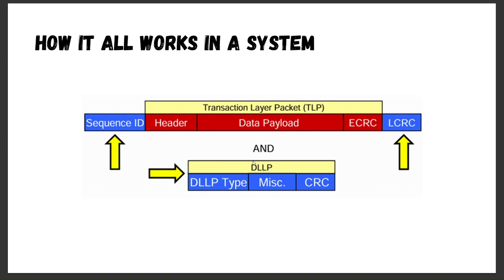This identifies the type of DLLP and can include additional information depending on the task. And we have a 2 byte CRC. This is a cyclic redundancy check. Values are added to the packet for error detection.